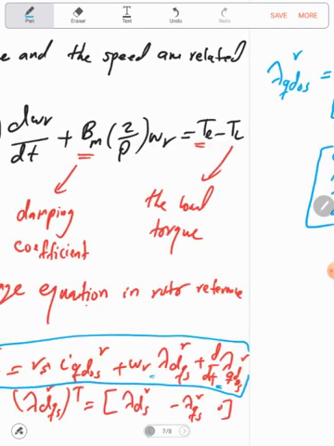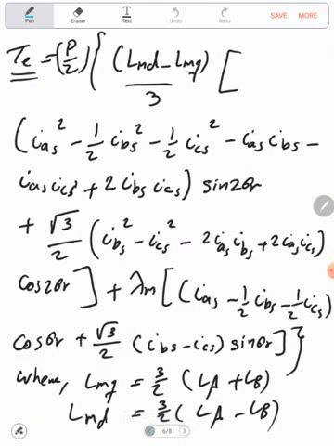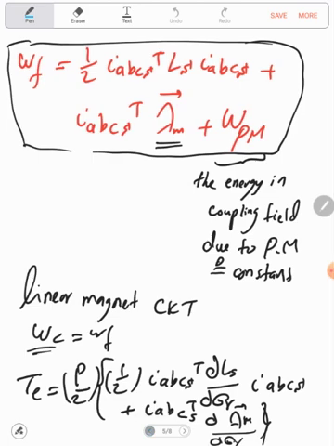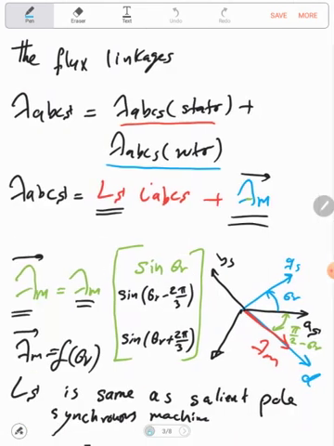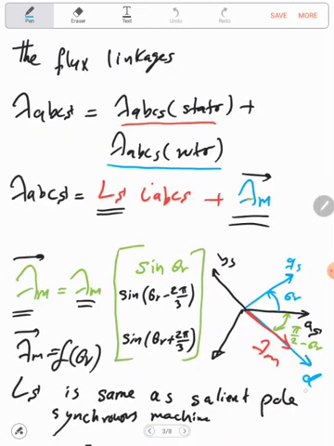Now if we recall, all of the rotor flux is pointing toward the D axis, and the axis is rotating by ωr.